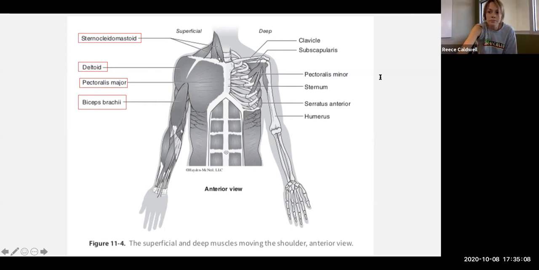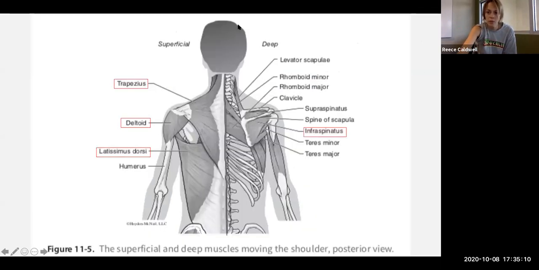So we'll continue. Now we are on to the posterior side. Again, we have those delts, and our upper back muscle, our traps. This is the trapezius. So our traps are the trapezius. Anyone know some good trapezius exercises?